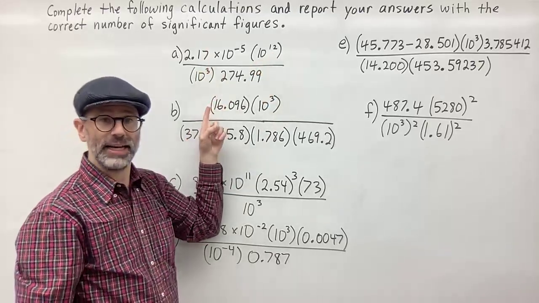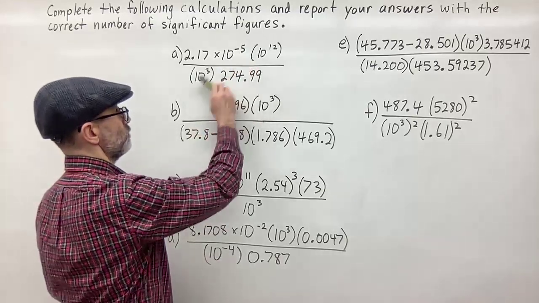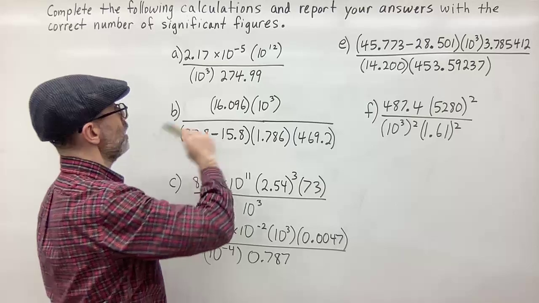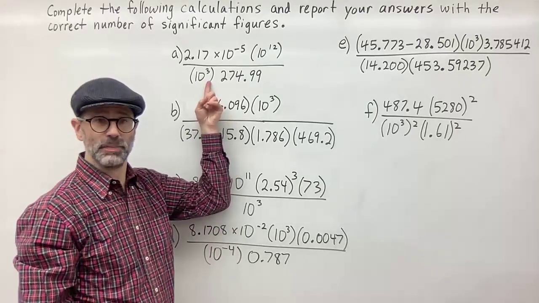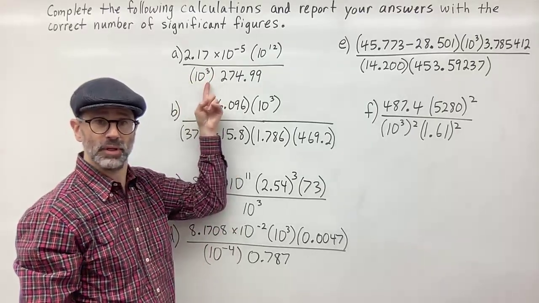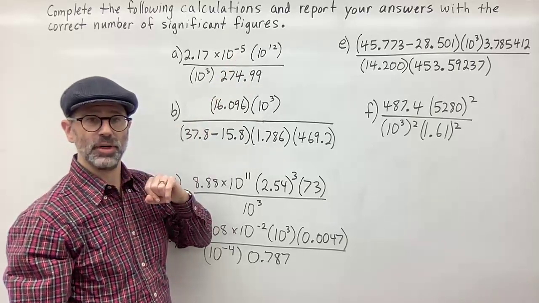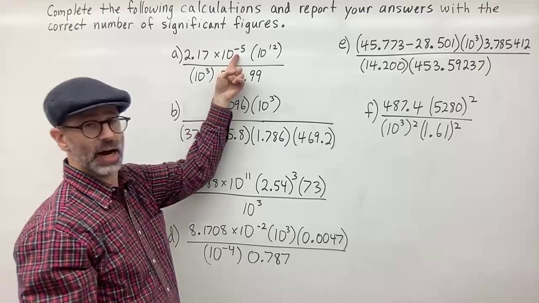When you're dividing factors of 10 or numbers that are base 10, then you're going to subtract the exponent of the bottom number from the exponent in the top number. So I would be subtracting 3 from negative 5.